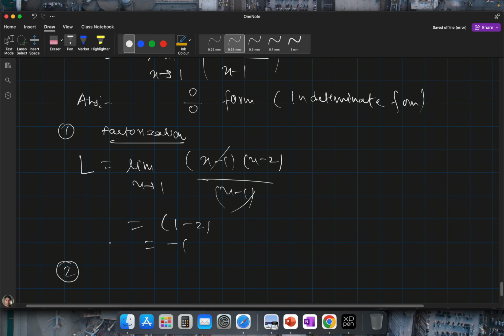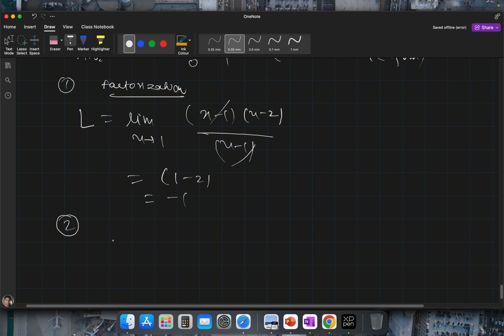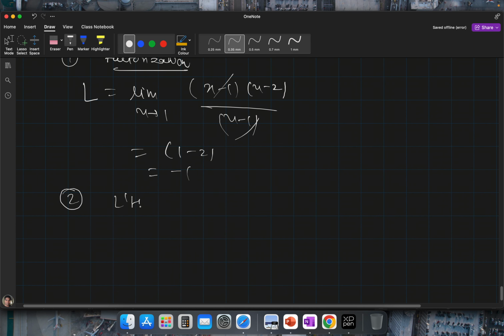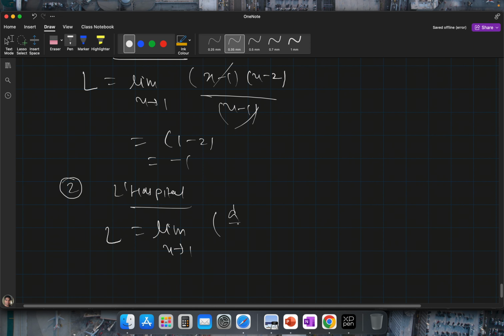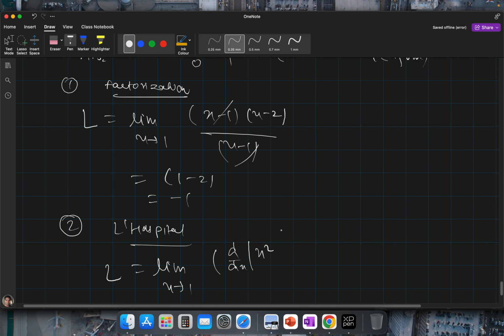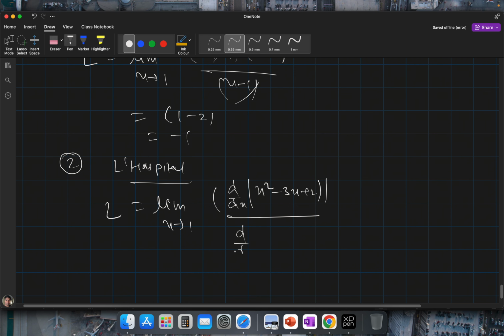What is the second method? Apply L'Hospital rule. This is nothing but differentiating the numerator: d by dx of x square minus 3x plus 2, divided by d by dx of x minus 1.